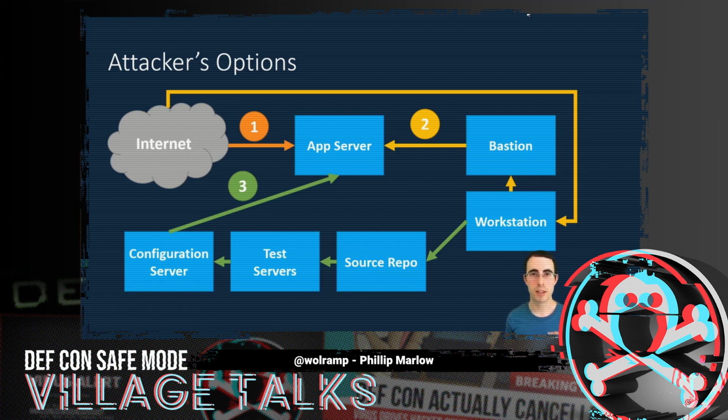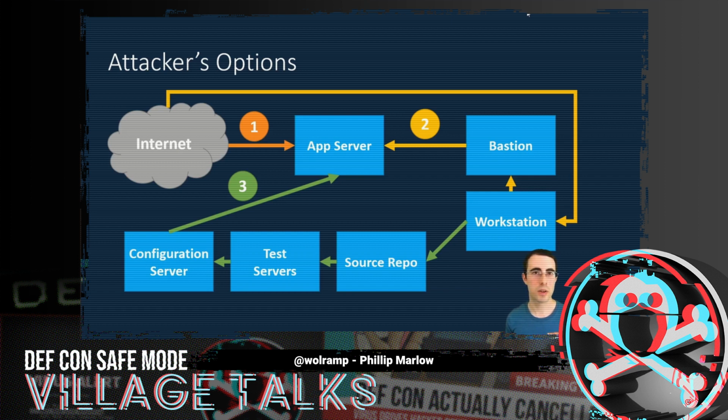Either way, we've got three basic options. Option one is to just go straight in the front door and attack the application itself in order to get access to the server. This is pretty simple. Maybe there's a firewall or IDS you have to evade, but you're not making a lot of hops around to finally get to where you want to be.